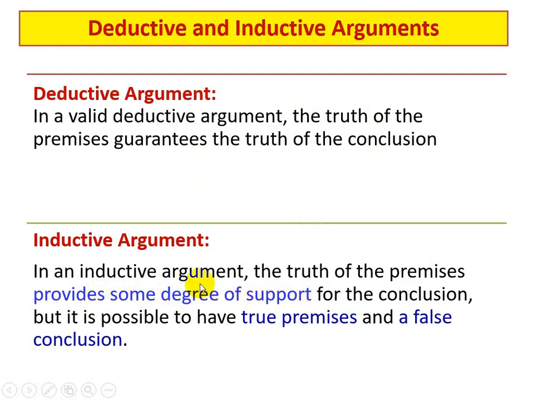It means that it does not guarantee the truth of the conclusion. Why? Because it is possible to have true premises and a false conclusion here. But in the valid deductive argument, if the premises are true, then the conclusion is therefore true too.